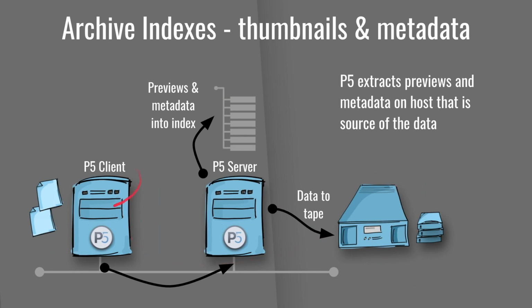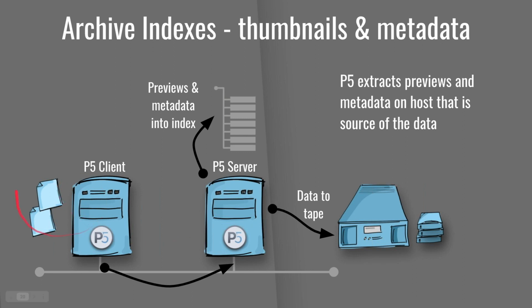And then we have another host over here, maybe a file server, which is acting as a P5 client. You have P5 installed on both of these hosts. One is acting as a client, which is just like a dumb data source. You don't do any configuration on P5. It's just running there so it can collect the data, and then it passes that to the P5 server so that it can actually be archived.